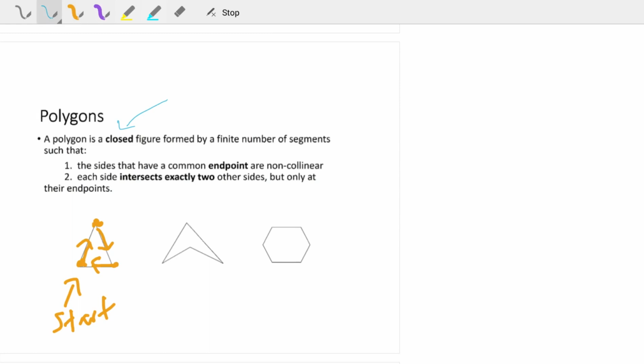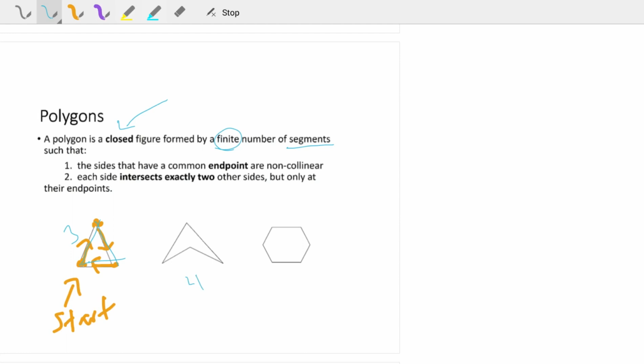The second part of the definition talks about finite. This just means the number has to actually exist. For instance, a triangle has 3 sides. We're going to call them segments here, but 3 sides technically: 1, 2, and 3. This one here has 4 sides. You actually have to be able to count them.